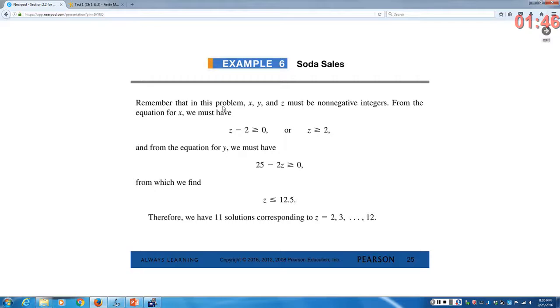Well, if Z can't be negative, that means Z can't take any values where Z minus 2, because that's the value of X, is negative. Z minus 2 has to be positive or 0. So that's why you knew it had to be greater than or equal to 2.